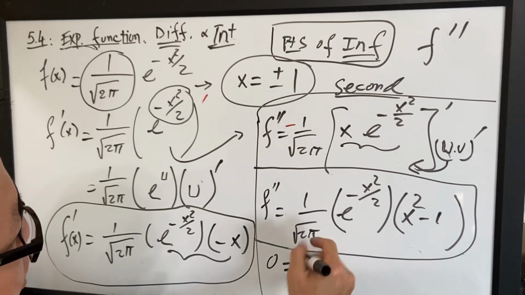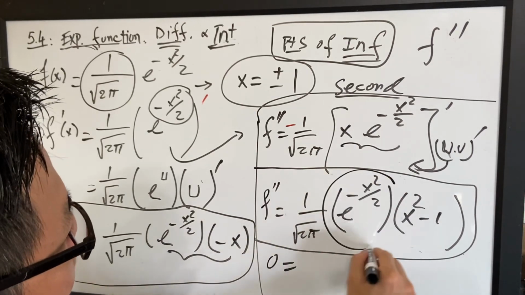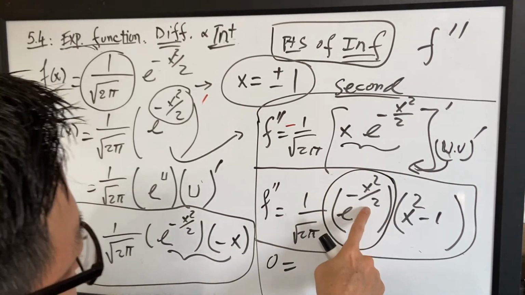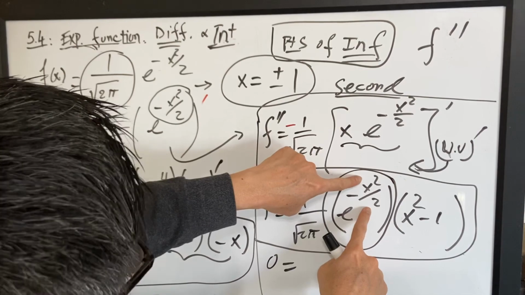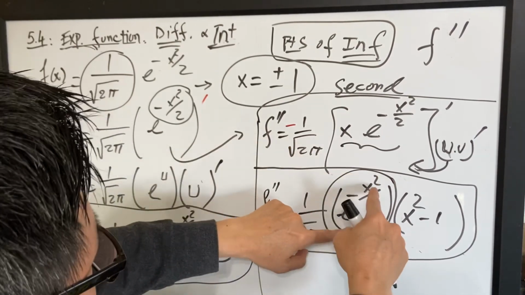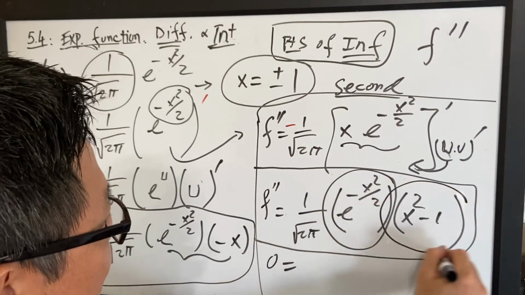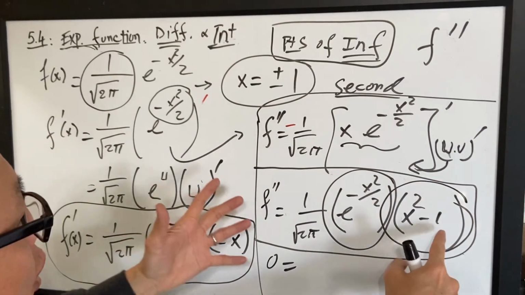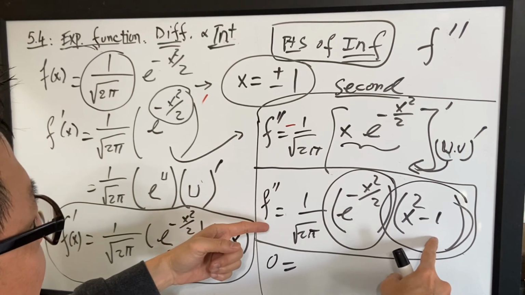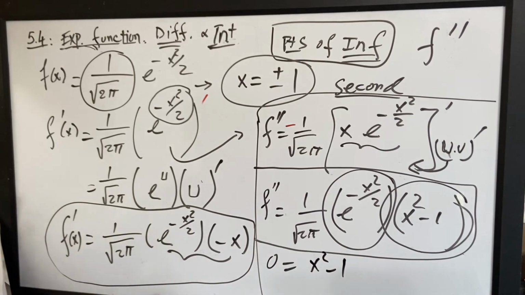You see right now, is there any value for x that makes this one 0? Nope, you cannot. Nothing can make this one go to 0 because of e to the exponent. Therefore, the only factor that turns the second derivative into 0 is x squared minus 1.